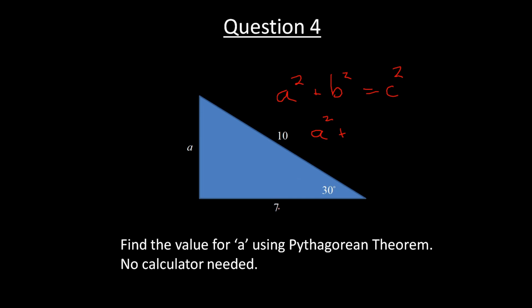B is 7. And 7 squared is 49. We also know what C is. C is 10. 10 squared is 100.